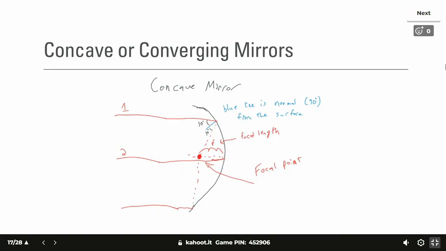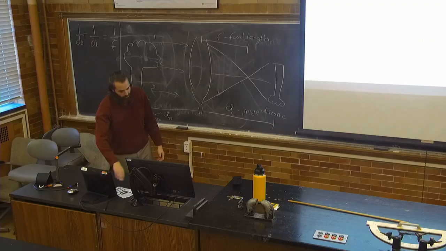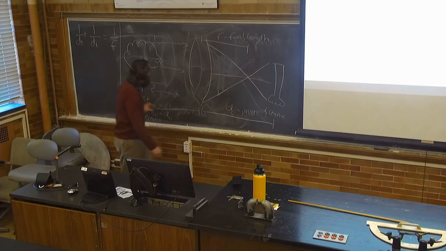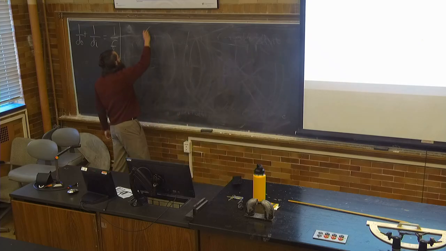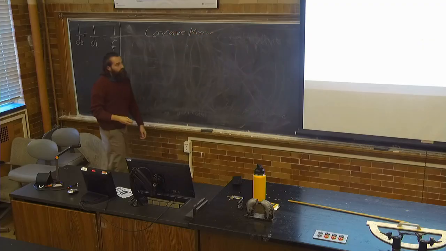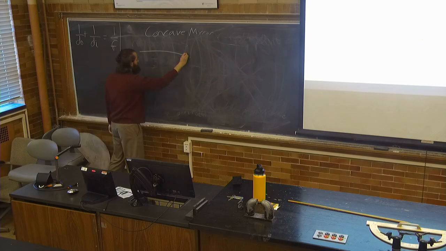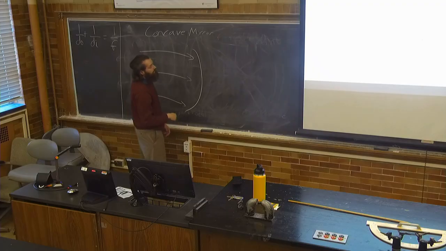Okay, so that was lenses. Now let's talk about mirrors instead. So we'll start with a concave mirror. So we have our light rays coming in. It's a concave mirror, so we draw our curve like this.